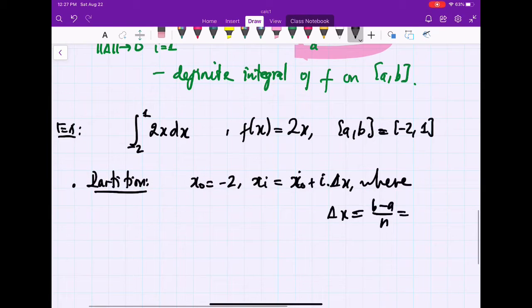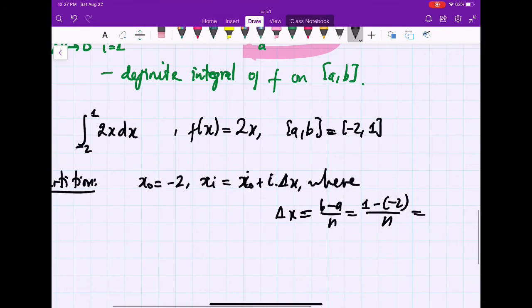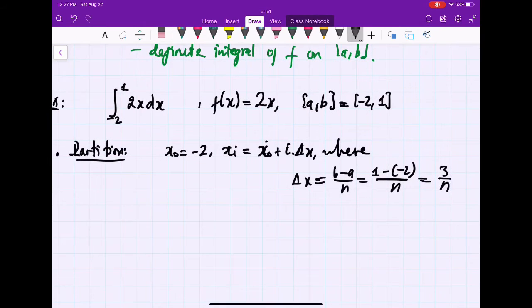That is (1 minus negative 2) over n, equal to 3 over n. So from here, you can find all xi. Let's say x0 is negative 2, xi is negative 2 plus 3i over n, and xn is equal to 1.